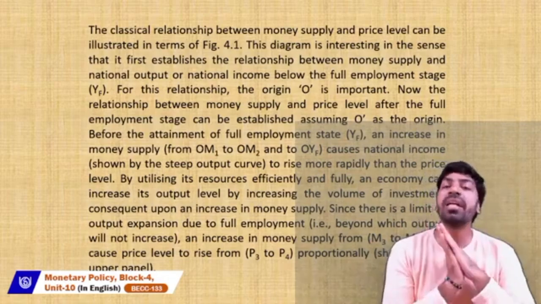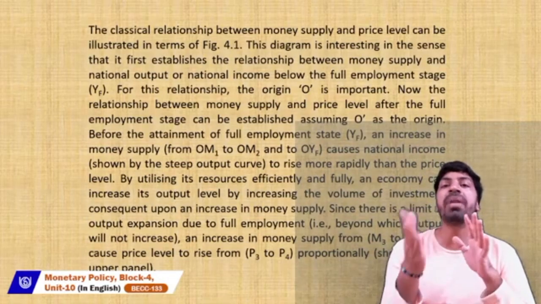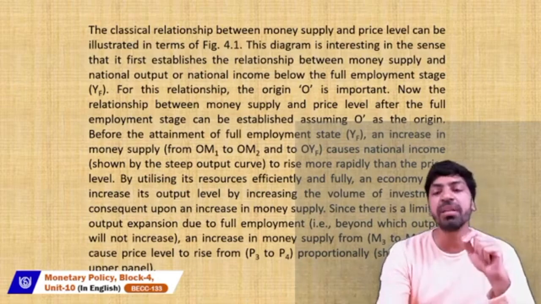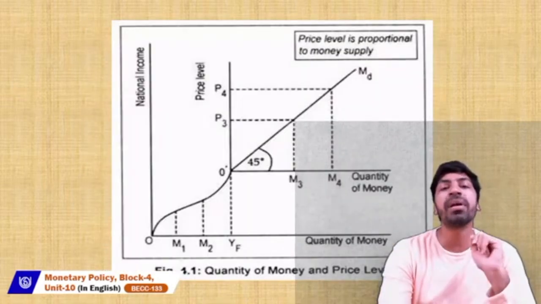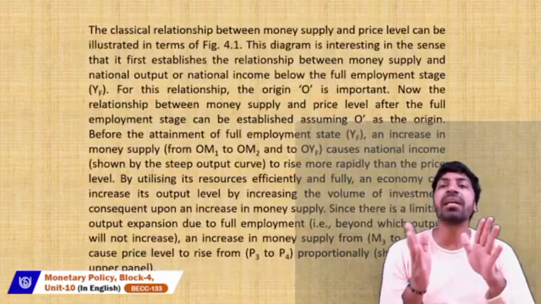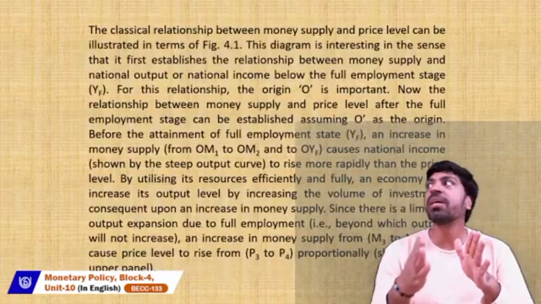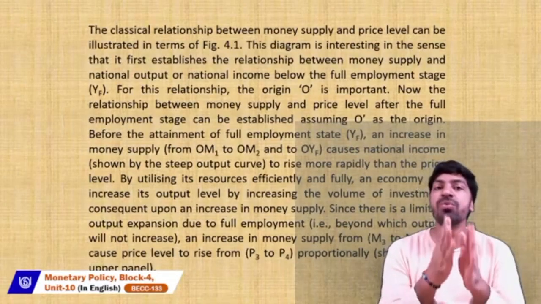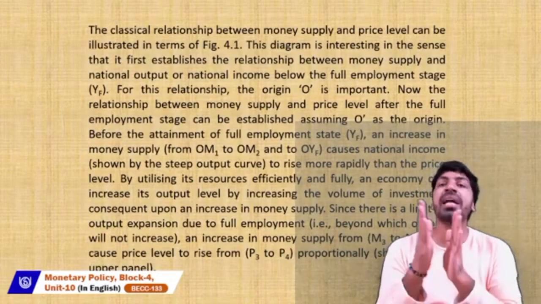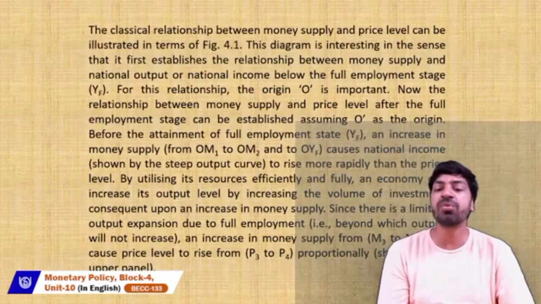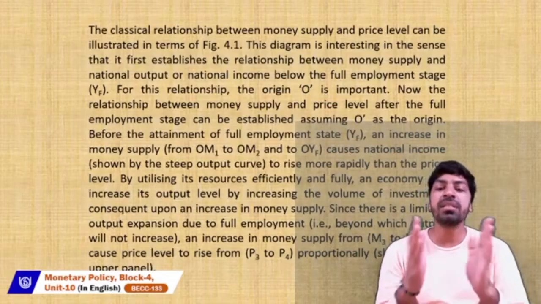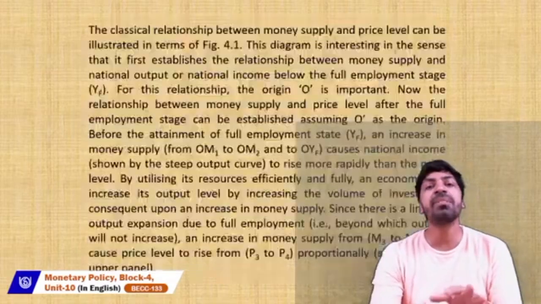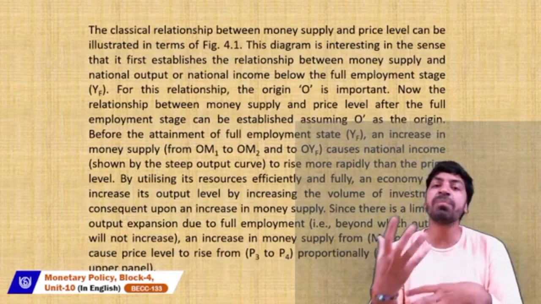This classical relationship between the money supply and price level has been shown in figure 4.1. This diagram shows the relationship between these two parameters at full employment. This is the diagram, and this is an explanation which I have explained in my own words.